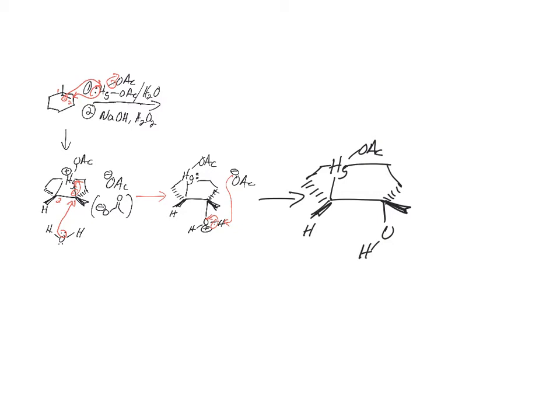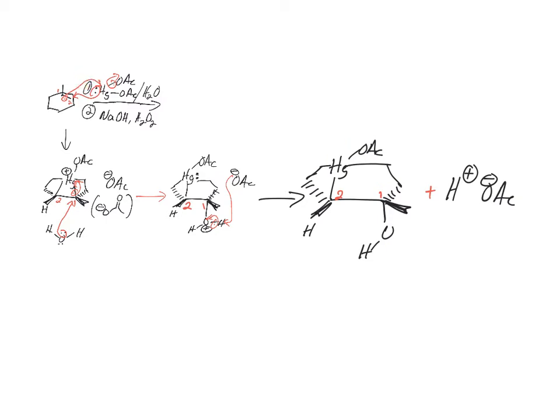All right, remember my carbons again. This was 1, that was 2, this is 1, that's 2. And we made what? We made H plus, OAc minus, or you can put them together as acetic acid. So that finishes step 1.